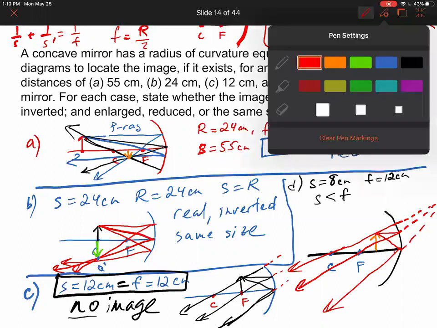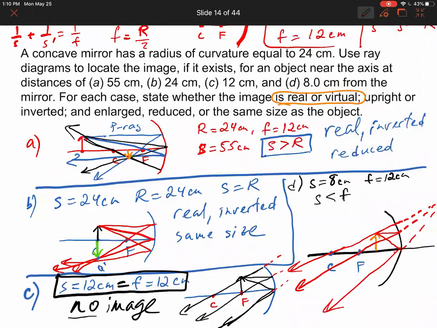I kind of don't have enough room, but I can find the image right here in the back of the mirror, which means this image is virtual because it's in the back of the mirror. It's enlarged. So basically it's virtual, enlarged, and upright.